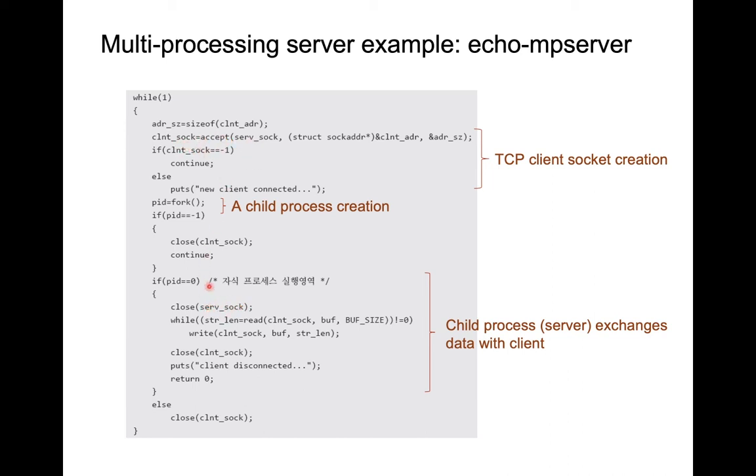It has nothing to do with servicing the client. So that's why we don't need the server socket anymore. And then this is the echo process, reading from the client and writing back to the client. Finally, we close the client when this process is done, then the client is disconnected, return, and everything is finished.